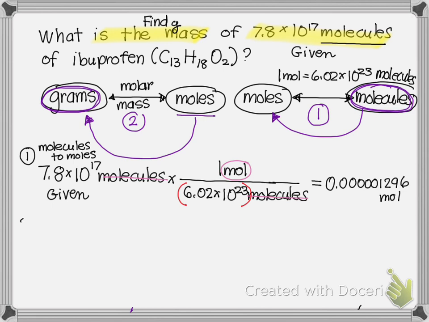So now I'm going to do the second part of this problem. I'm going to go from the moles I just calculated to grams, but I need the molar mass. I'm going to write this number down because I need my calculator again. 1, 2, 9, 6 moles.